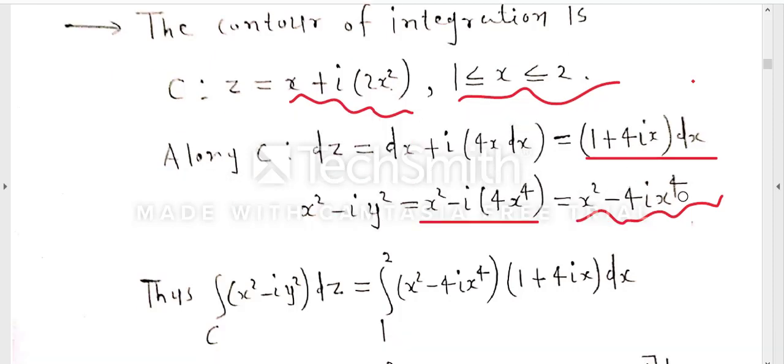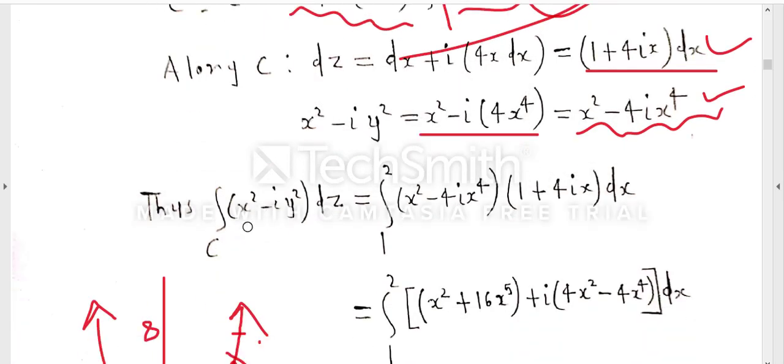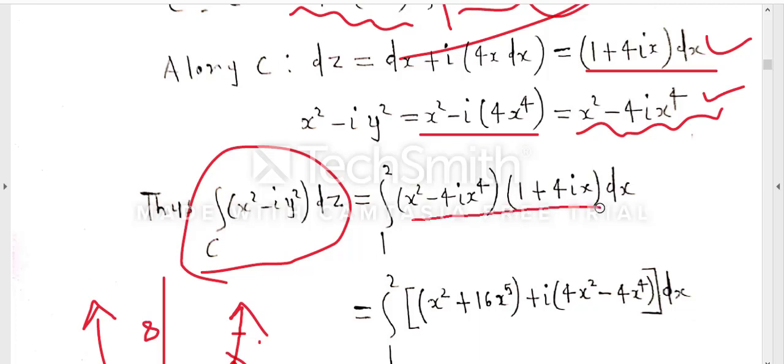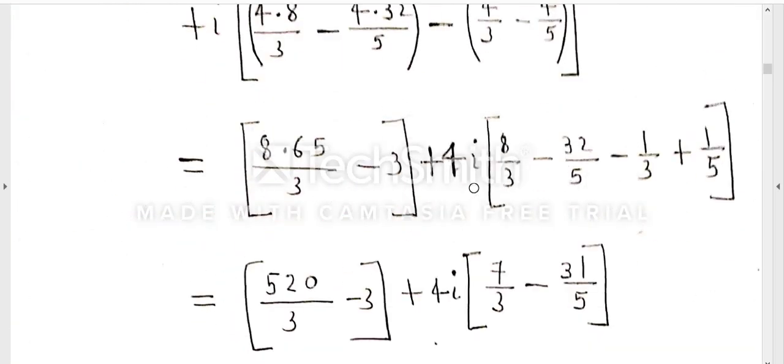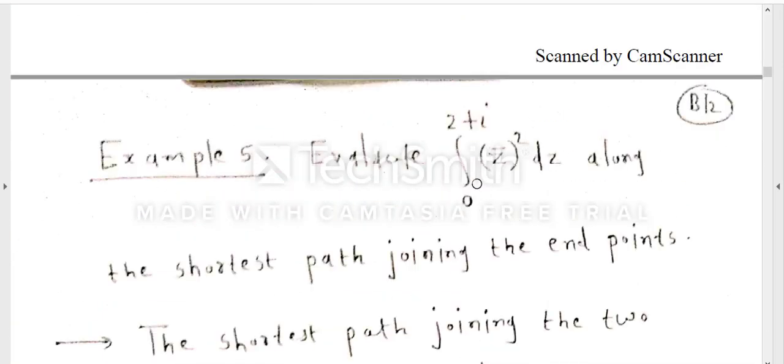So the function is converted in terms of x. dz is also in terms of x and x is from 1 to 2. So finally our contour integral becomes an integral of a function of only one variable x, and x is from 1 to 2. Okay, so after evaluating this you will obtain your integration.